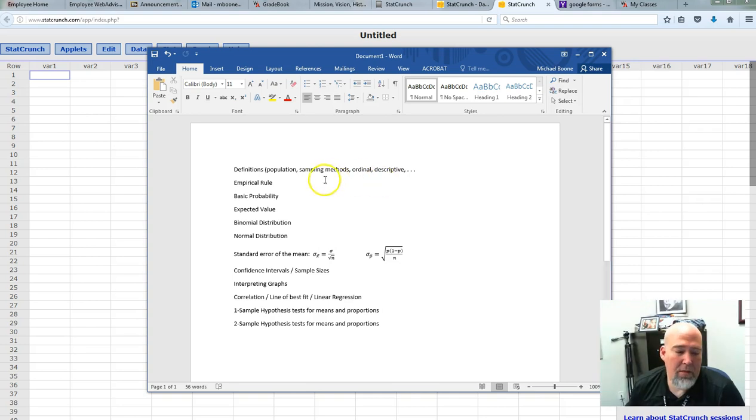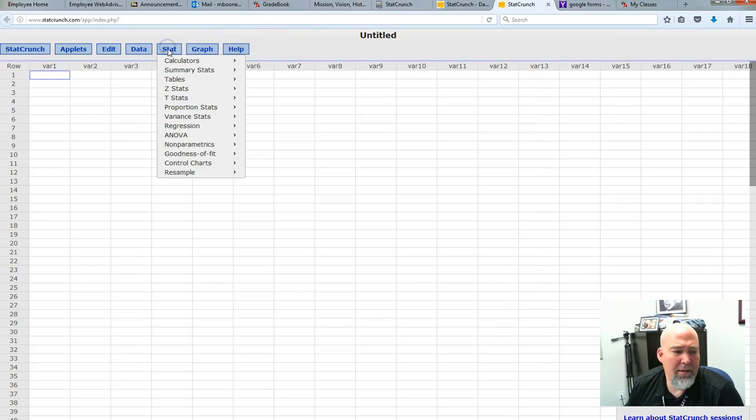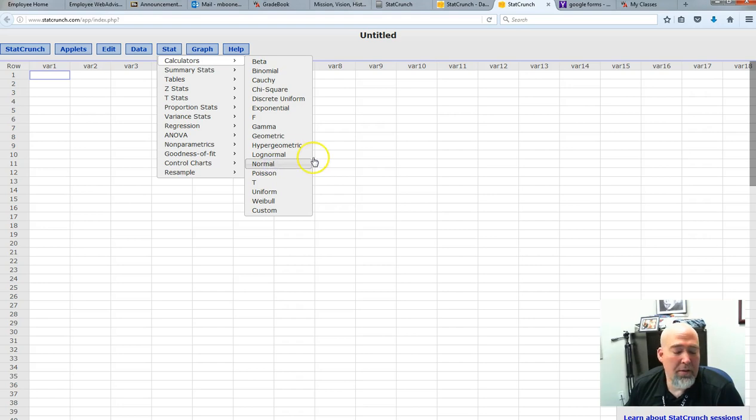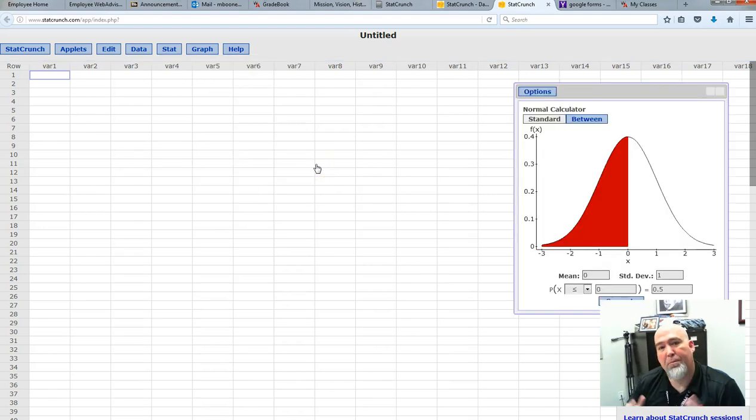And then the empirical rule is that general guideline for when you're looking at a bell-shaped curve, that at plus or minus 1 standard deviation, you get 68% of your population. Plus or minus 2 is 95, plus or minus 3.